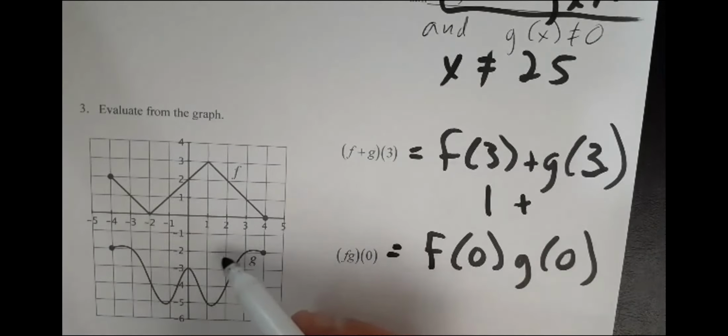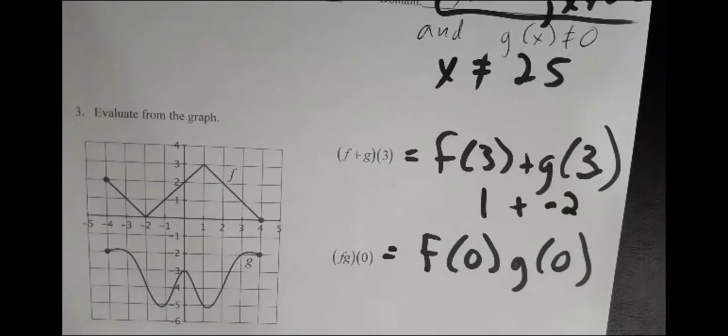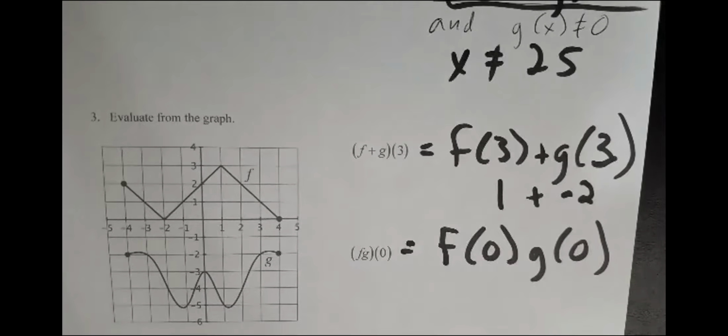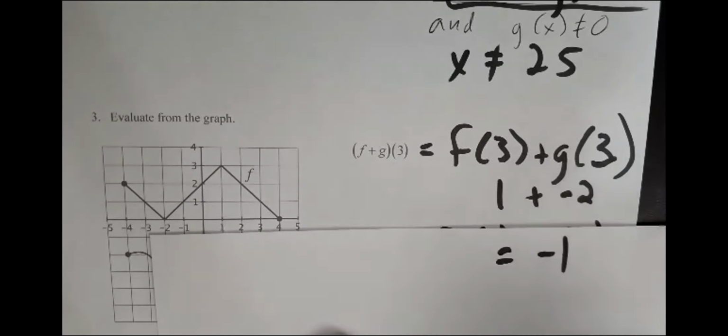I'm looking down at my g function, and this is a minus 2. So if I add these two things together, I believe these two are going to give me a minus 1 overall. So f of 3 plus g of 3, or f plus g of 3, is a minus 1.